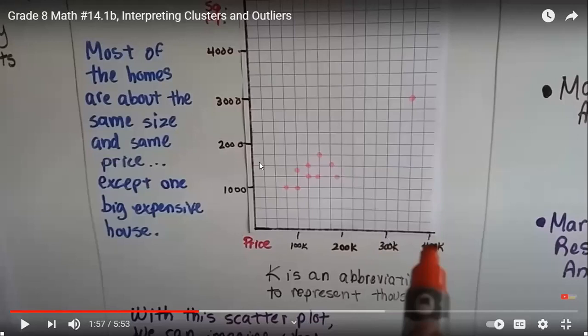And what does the vertical axis represent? The size of the house. The height of the house, right? So this one is the size of the house, and this is the price of the house.